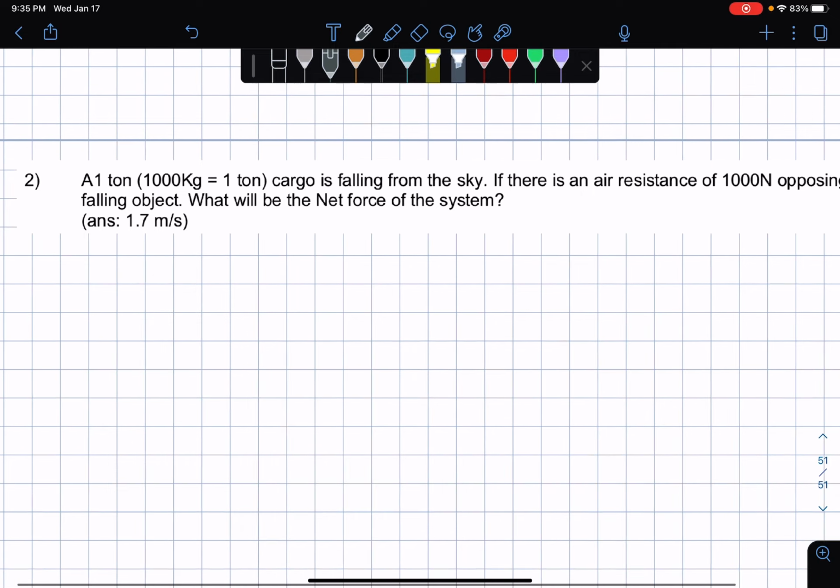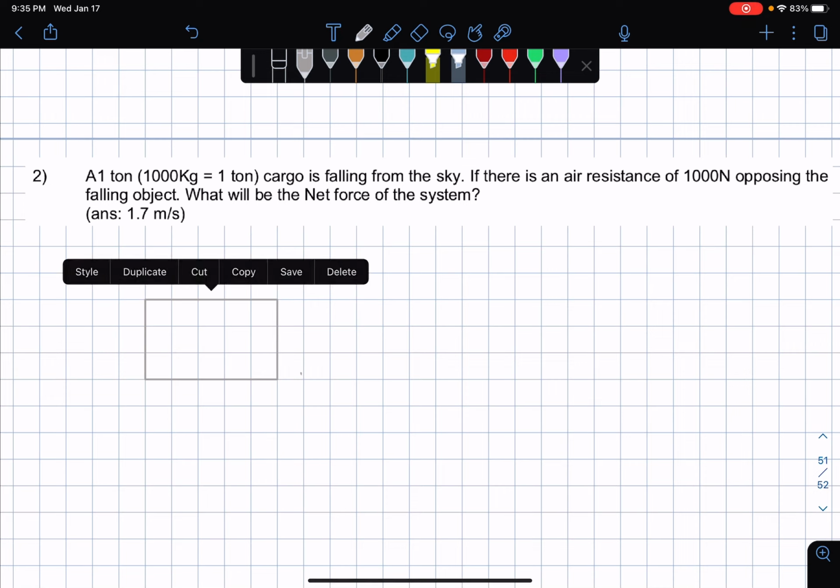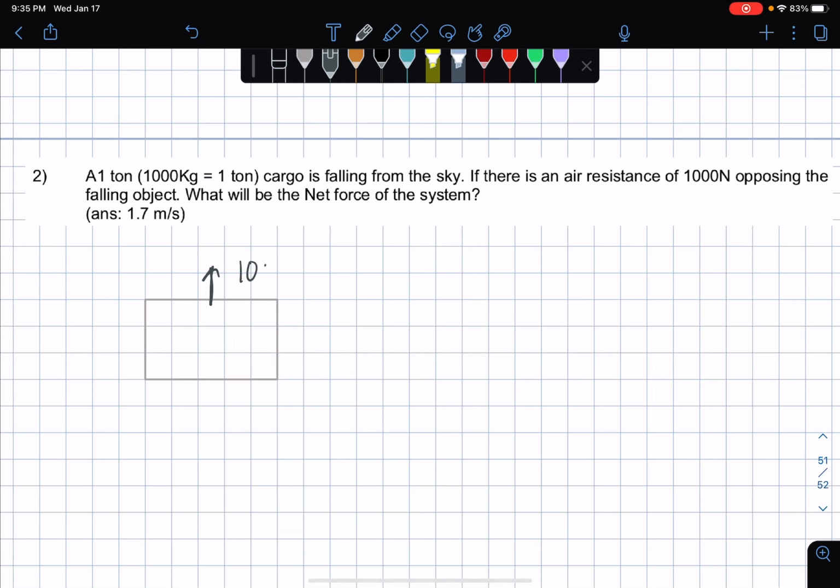If there is an air resistance of 1000 newtons, I suppose air resistance corresponds to the force going up. So 1000 newtons is equal to AR. Instead of writing normal force or T for tension, we write air resistance as it is. And what will be the net force of the system?